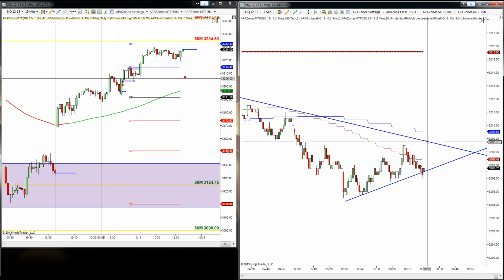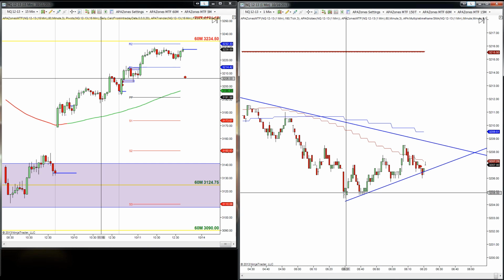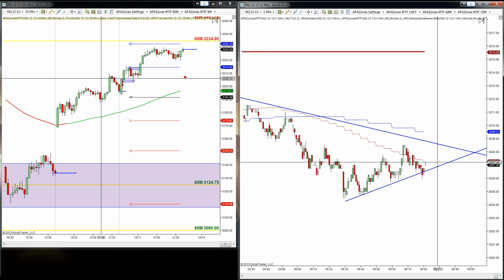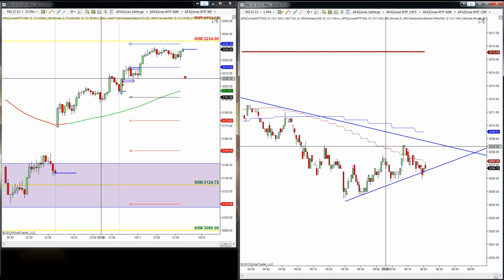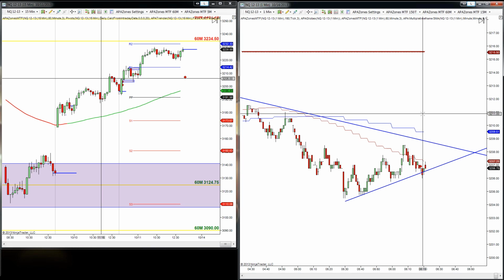So it's another way that you can test when a big pullback or retracement may be happening, because if you get too far away from these and things are lining up well, price will come back and retest these moving averages here. And this is the 5-minute 20 MA and the 15-minute 20 MA, just so you guys know.